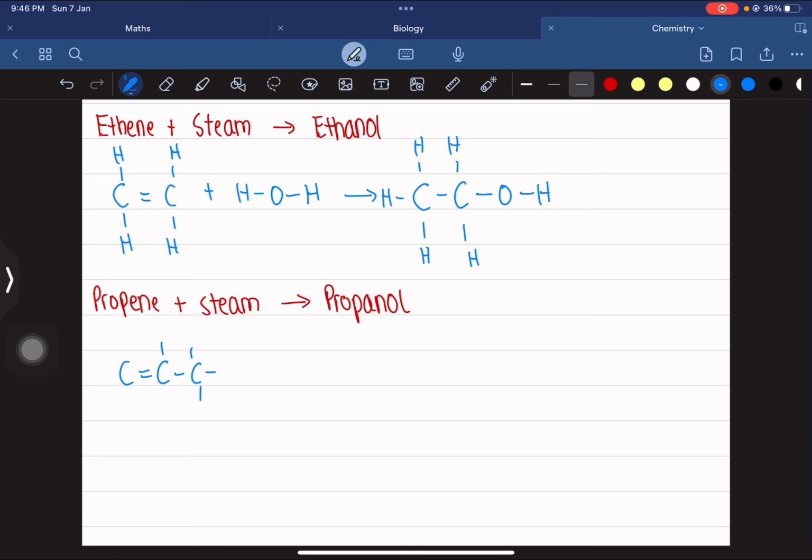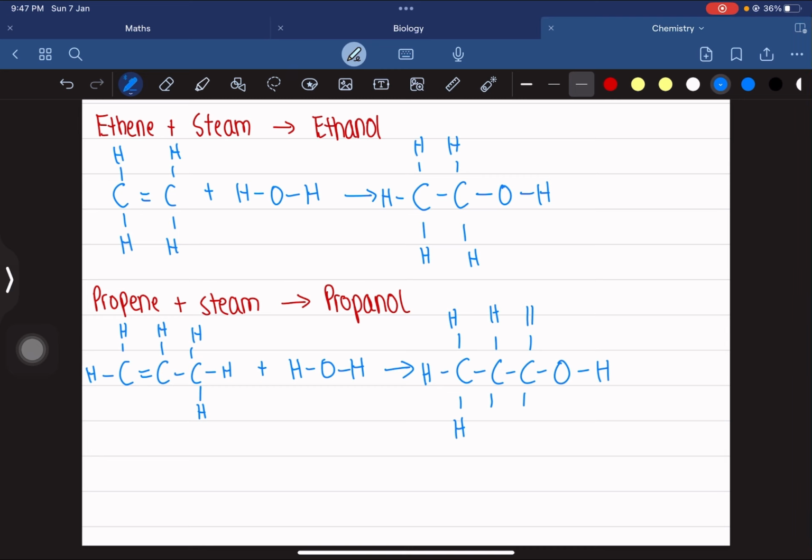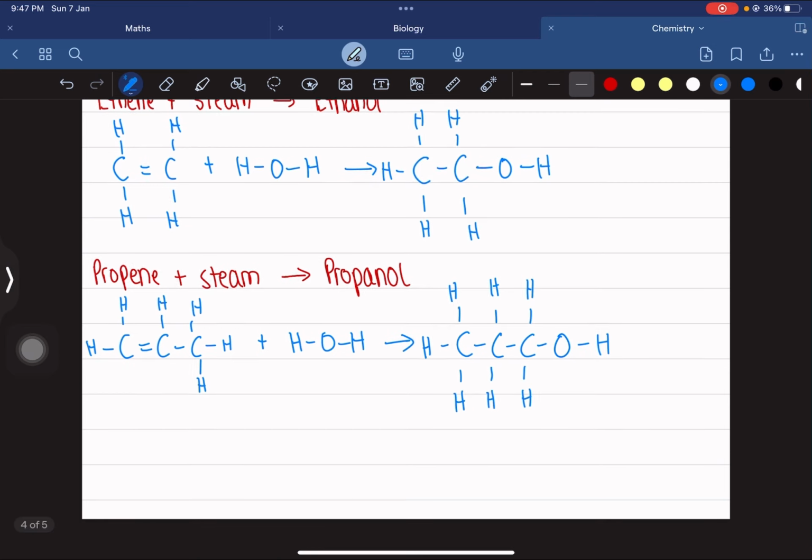So this is the structural formula for propene. Now let's draw steam, H2O, and finally propanol. So we have 3 carbons. Super easy. Organic chemistry is really fun.